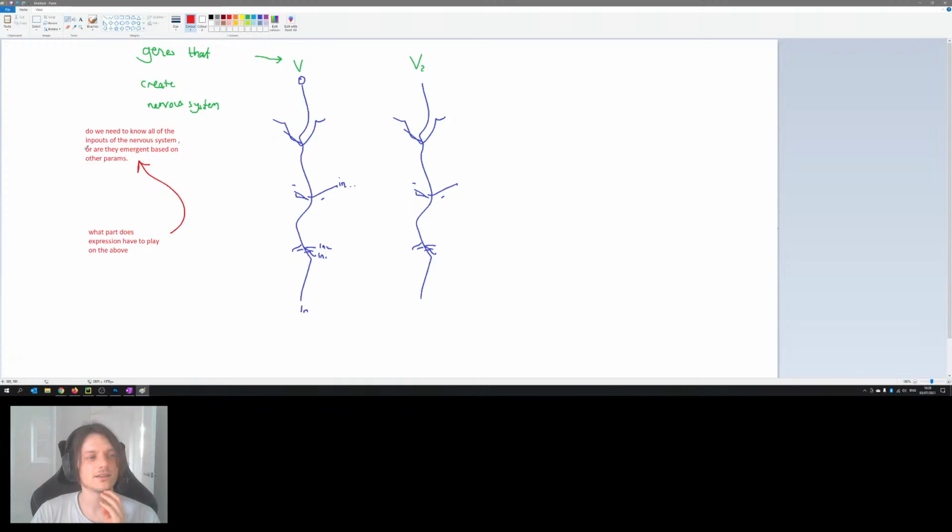Because if this is all denoted in the sequence at the start, how do we study the DNA of adults without the input of expression?